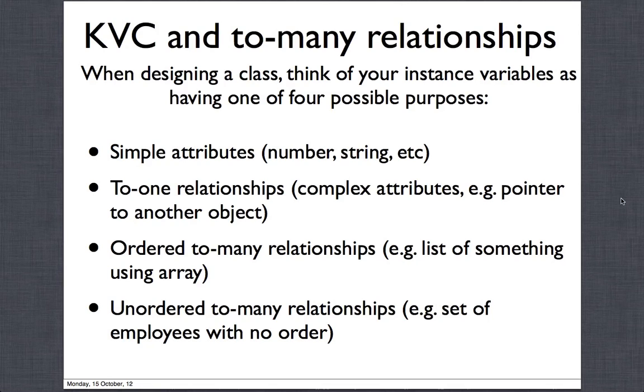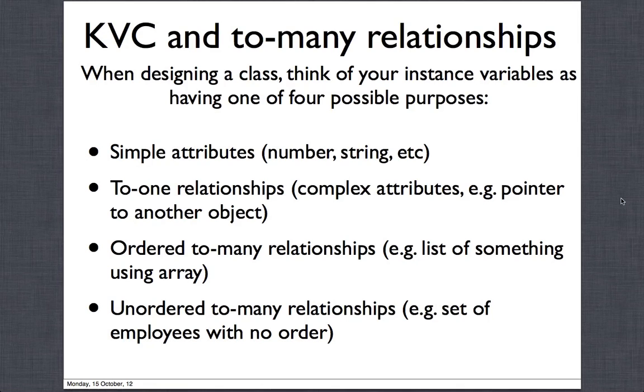You could also have a variable that represents an ordered to-many relationship, meaning you have an array, for example, which is a set of pointers to other objects. Those objects could be simple or complex, but you have these ordered relationships in your application represented by a single variable.